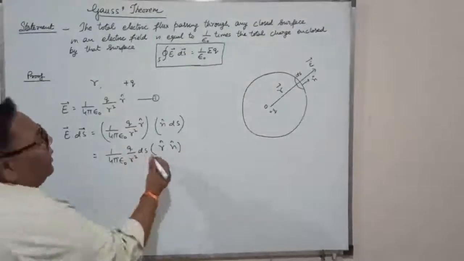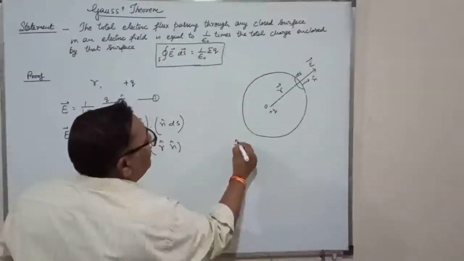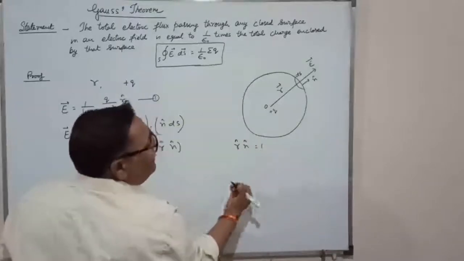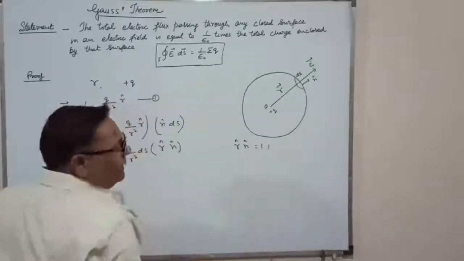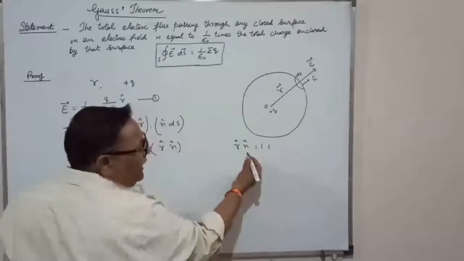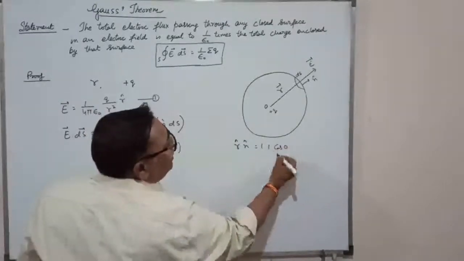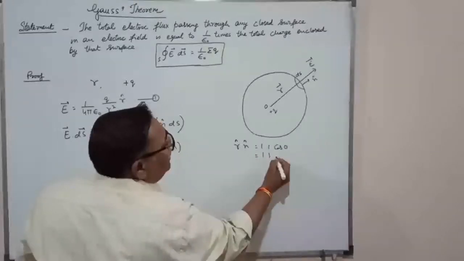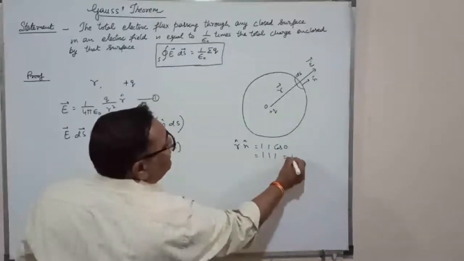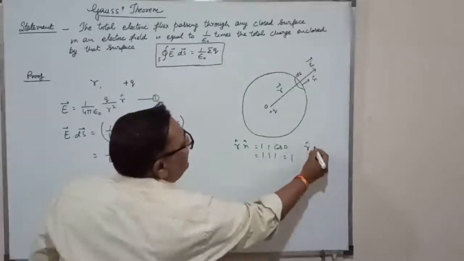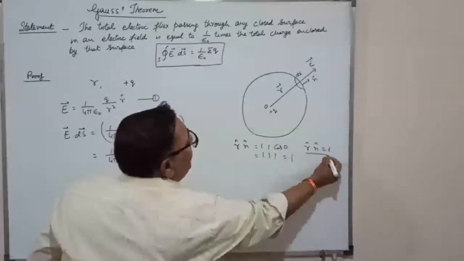Clear? Or r dot n is equal to magnitude of first vector, magnitude of second vector, and the cos of the angle between them. This is cos 0, or cos 0 is 1, 1 into 1 into 1, this is 1. Therefore r dot n is equal to 1.